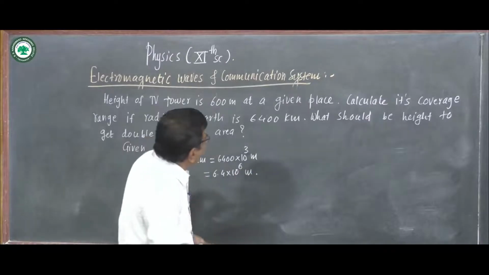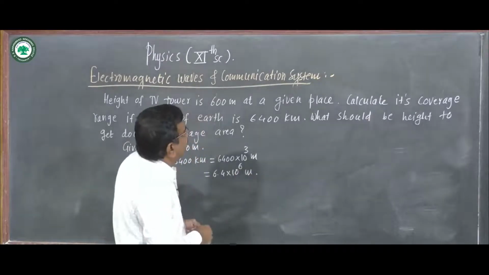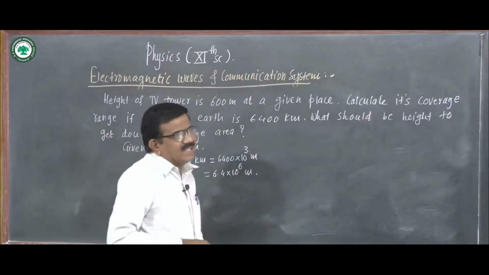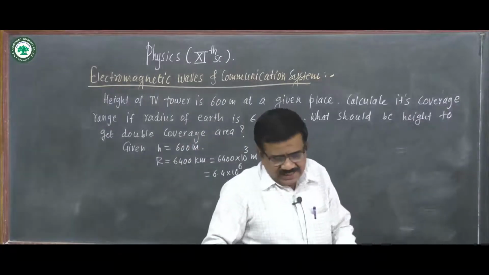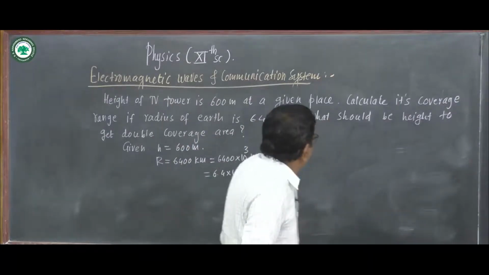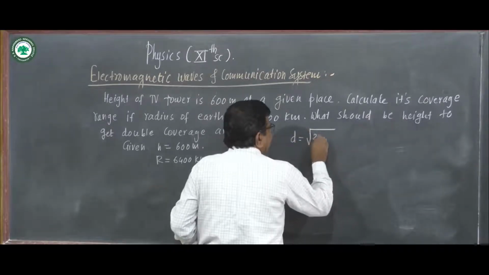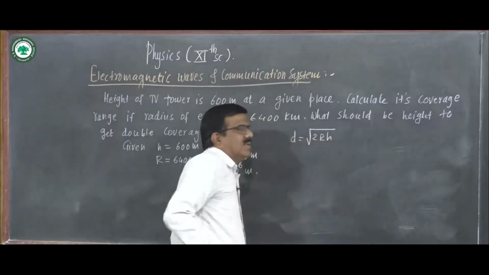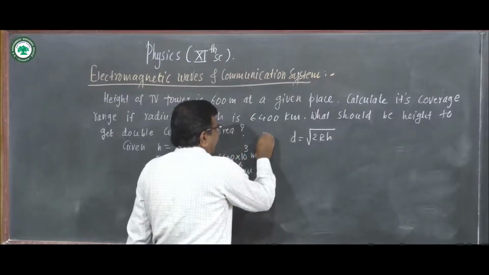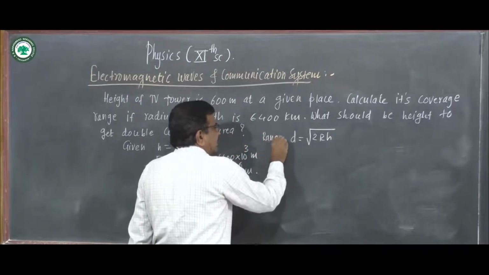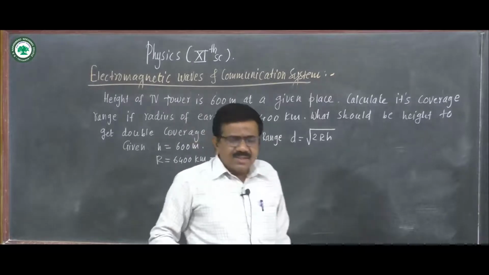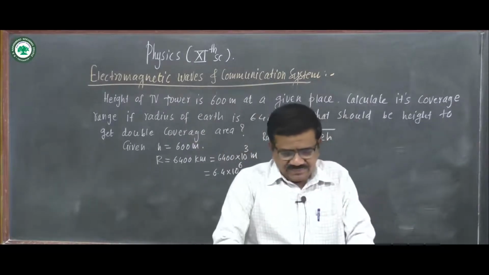H and R is given. We have to find its coverage range, that is D, and we know this D is square root of 2RH. Our first answer is range.